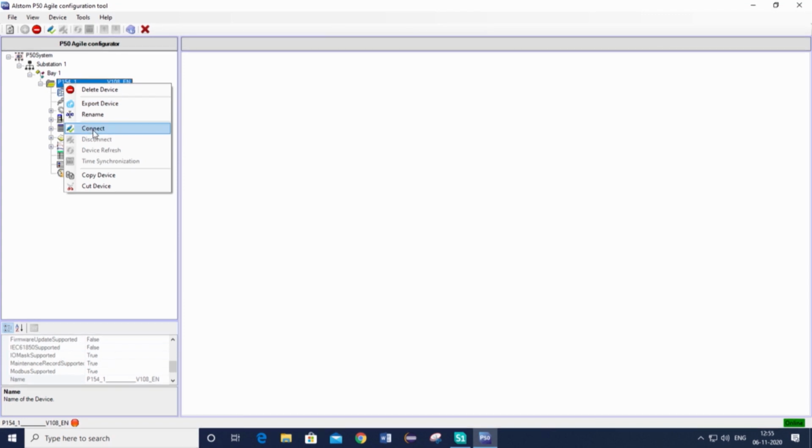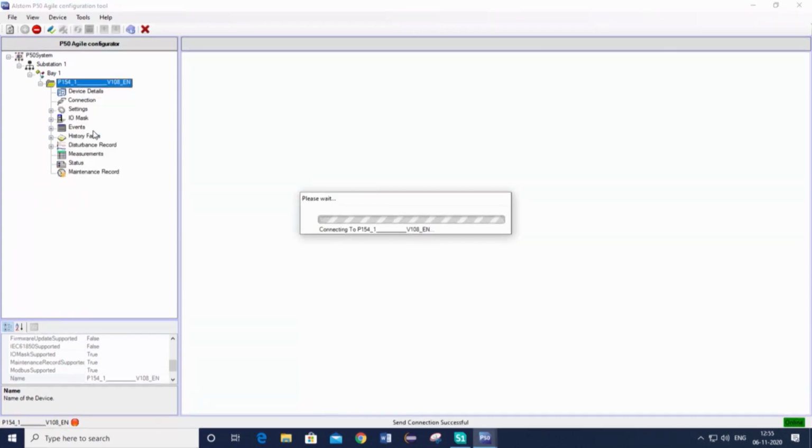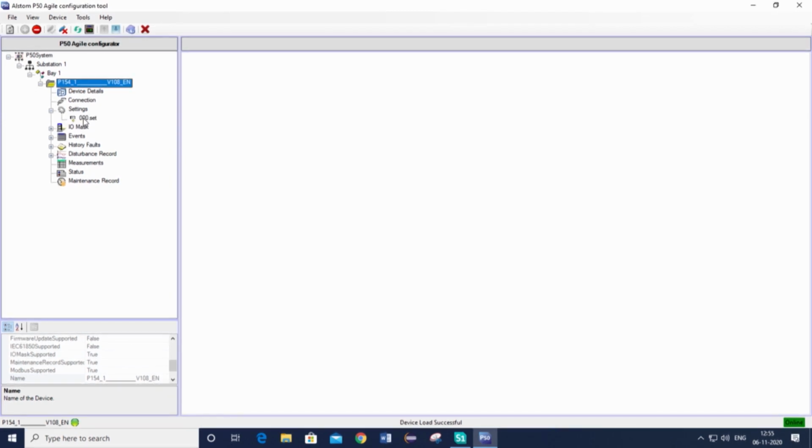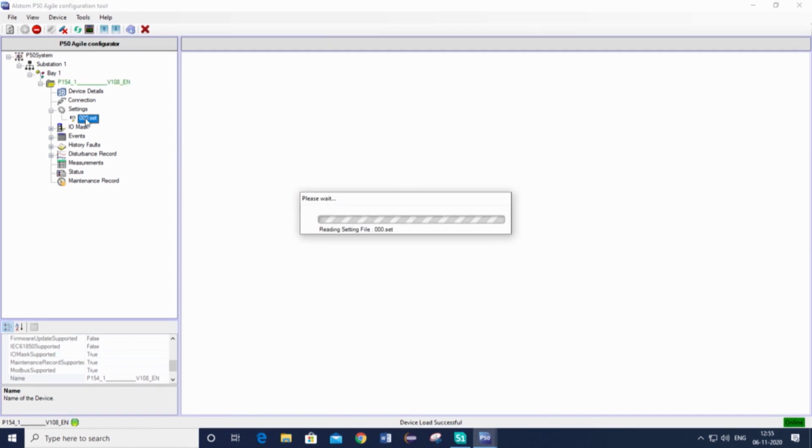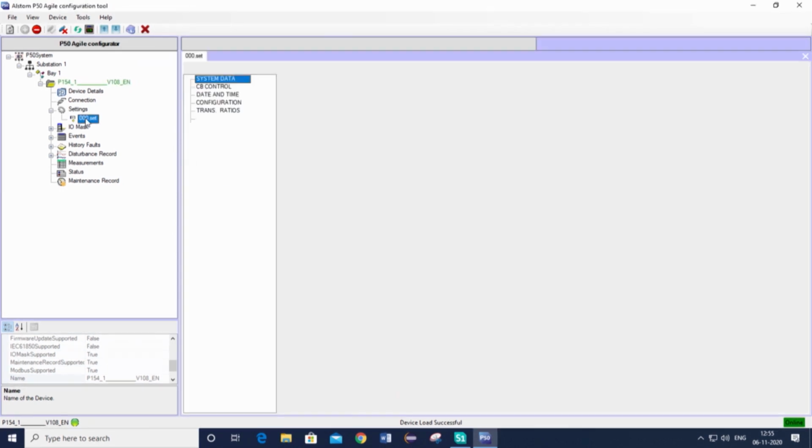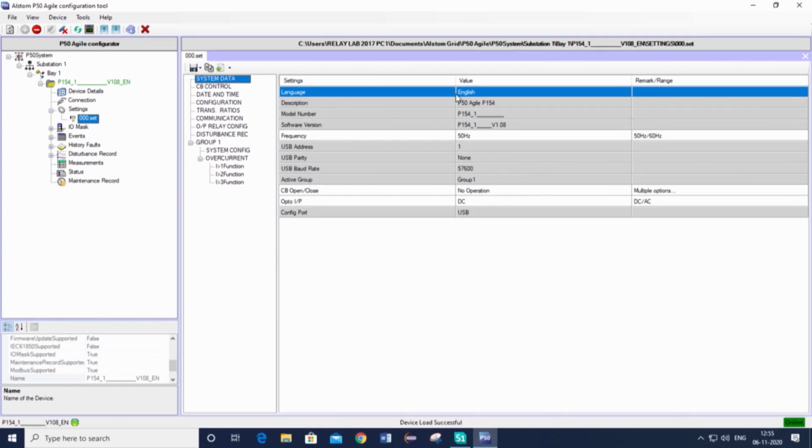Now from this we will go to the settings. In the settings we see the P50 Agile P154 series, our relay is of that. So, we will go to the configuration, and from the configuration we will go to the settings.